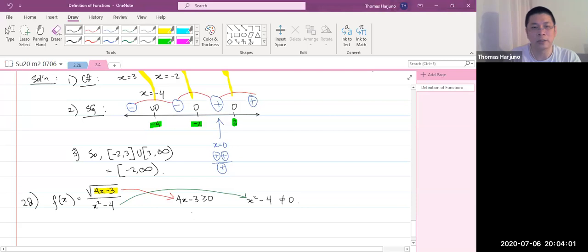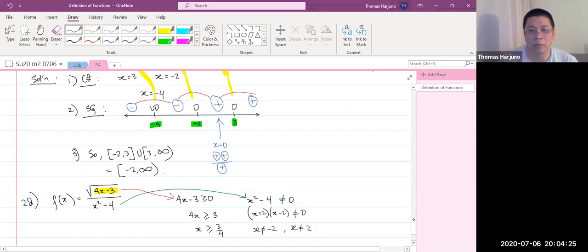So let's solve this. 4x is greater than or equal to 3. x has to be at least 3/4. At the same time, (x plus 2)(x minus 2) cannot be 0. So x cannot be negative 2. x cannot be 2.